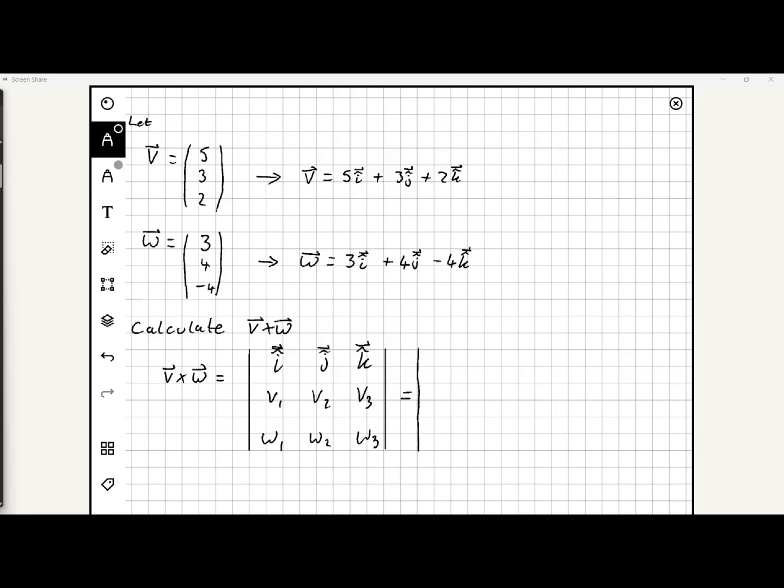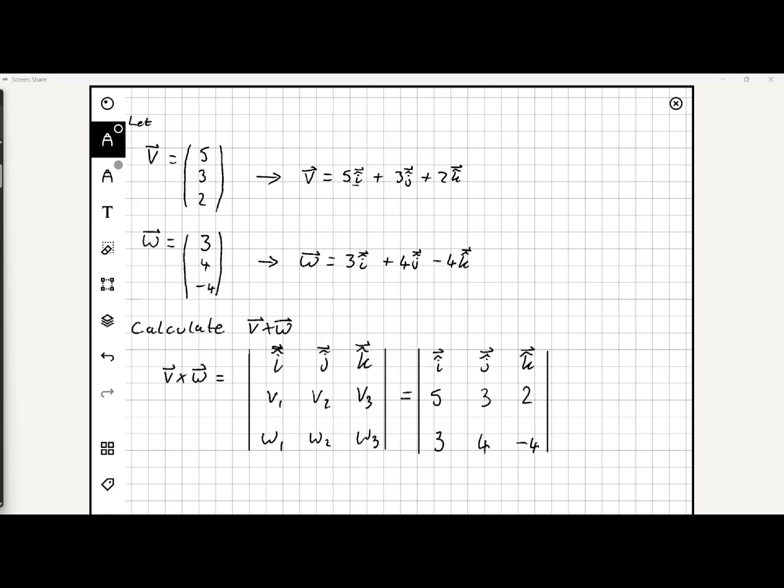So we have i, j, k in the first row, and then in the second row we have 5, 3 and 2, then W1 is 3, W2 is 4 and W3 is -4.